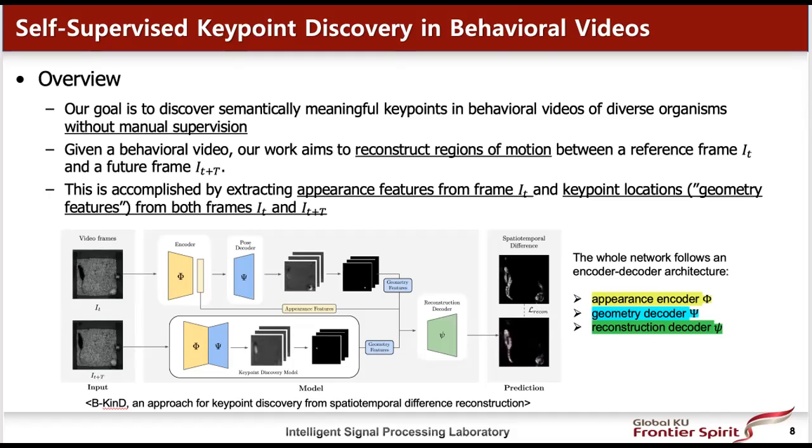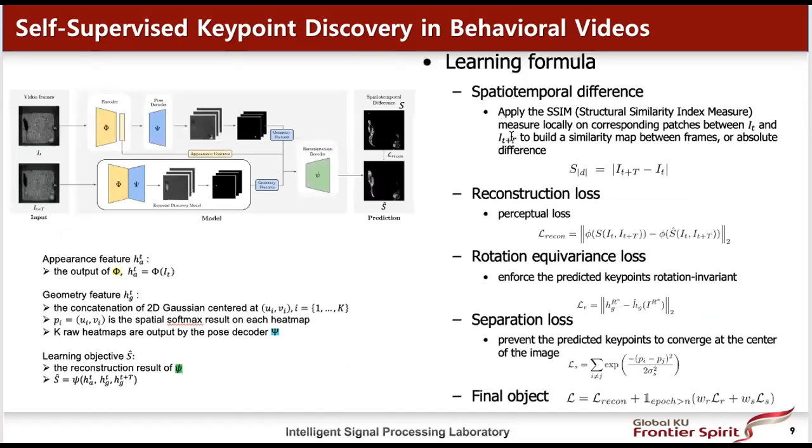Next, we will go deep into the learning formula. As introduced before, the overall structure is as follows. The appearance feature is the output of the appearance encoder. The geometry feature is produced by the pose decoder.